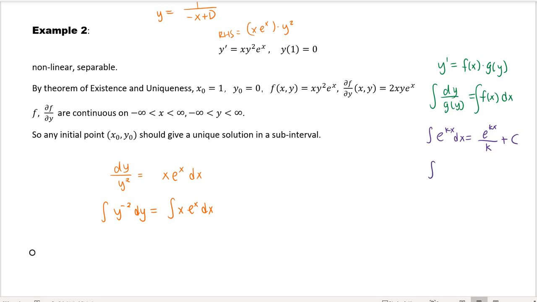And if you have x e to the kx, or x to the p e to the kx, you use integration by parts. You let u be the polynomial or power function, and the rest to be dv.